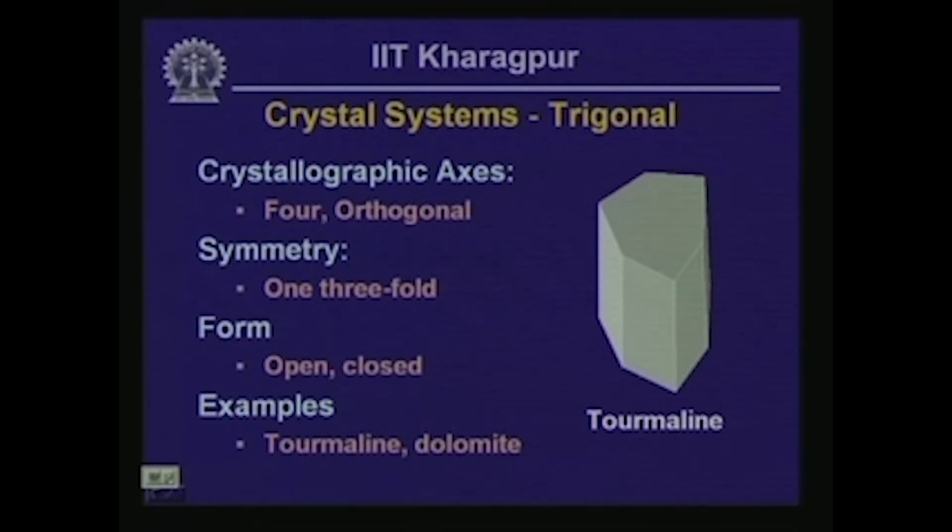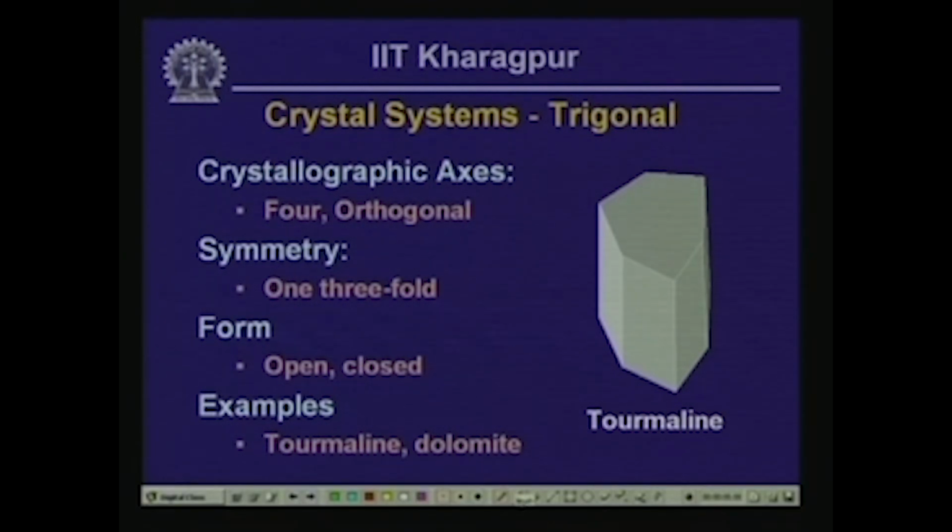The form could be again open or closed, and examples include tourmaline and dolomite. A schematic of a tourmaline crystal is shown here, and you can see that tourmaline is an open form crystal, and the 3-fold symmetry is pretty obvious by looking at the nature of this crystal.